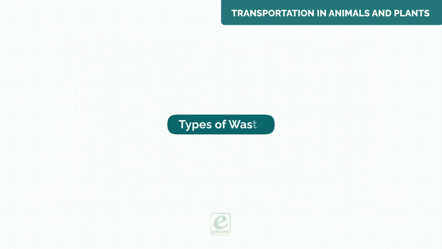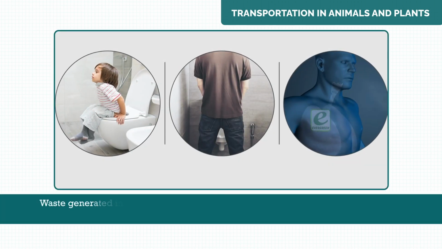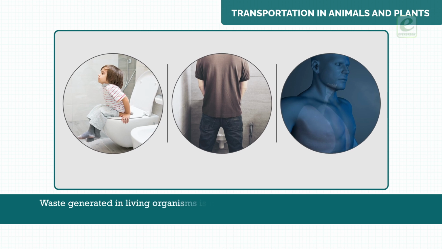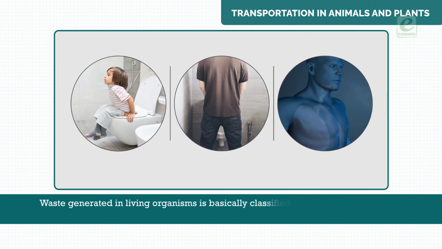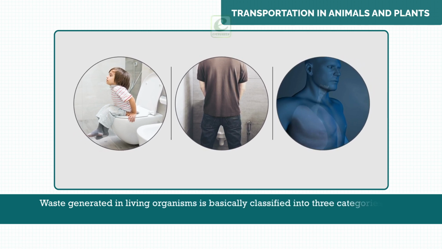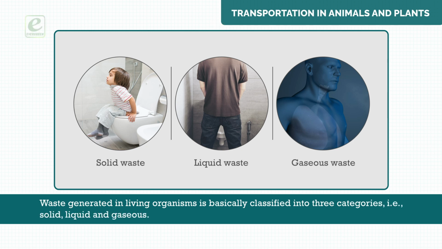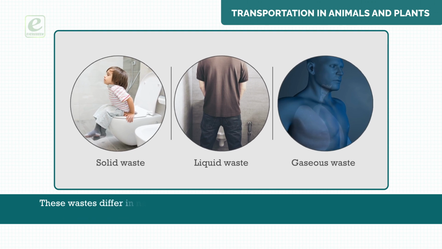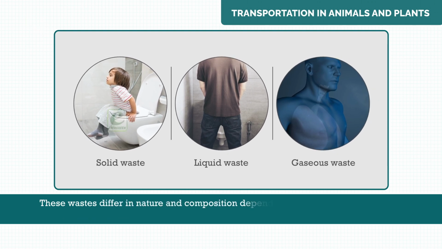Types of wastes. Waste generated in living organisms is basically classified into 3 categories, that is, solid, liquid, and gaseous. These wastes differ in nature and composition depending on living organisms.